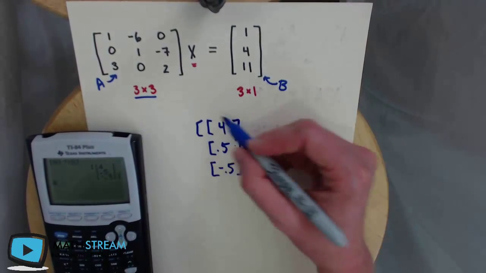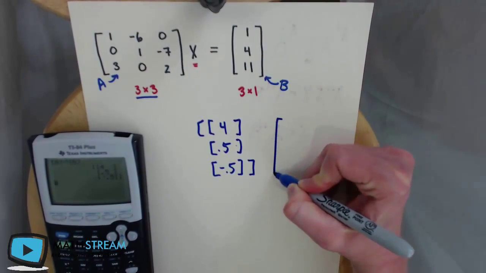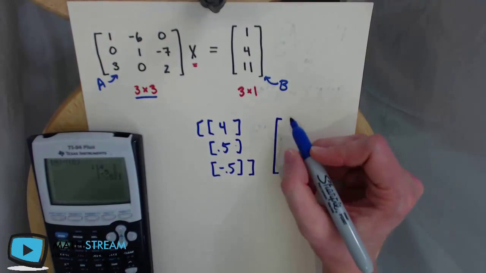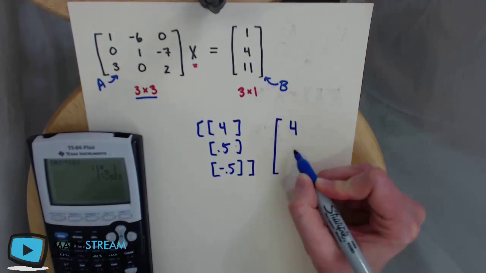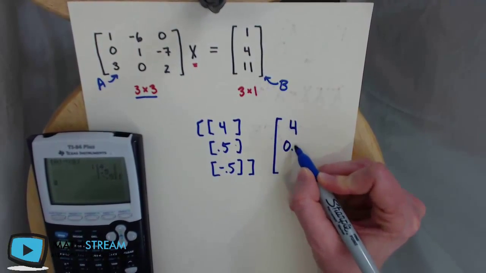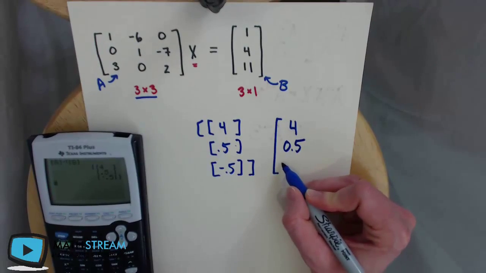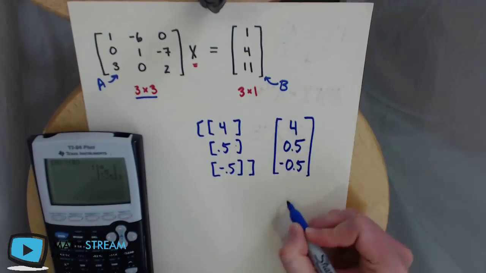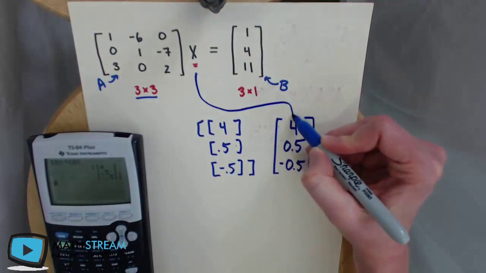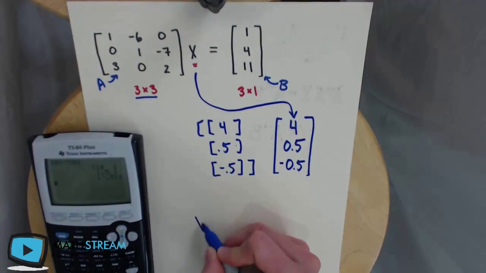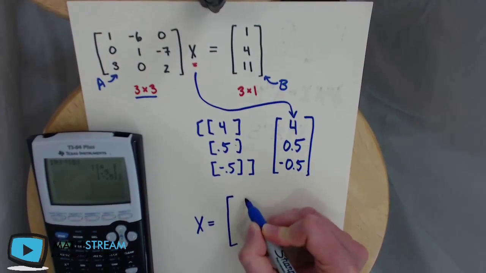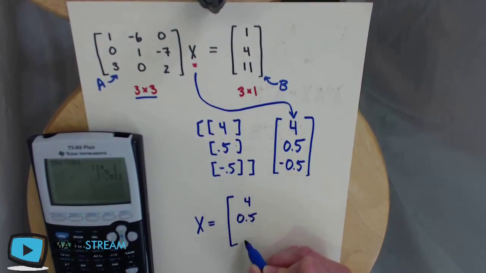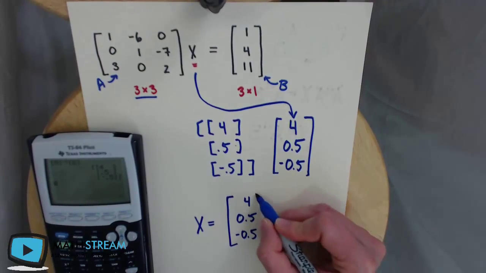What that means is it's just giving you kind of the digitized version of a 3 by 1 matrix. So this is 0.5 and this is negative 0.5. And that is our solution to x. So our x matrix is a 3 by 1, 4, 0.5, negative 0.5.